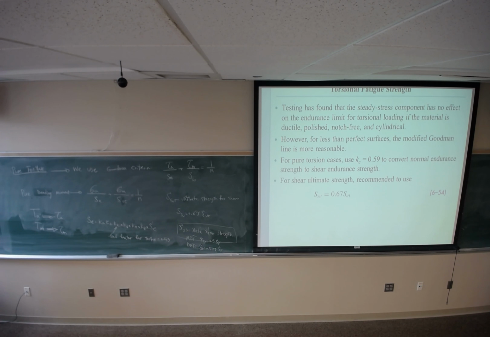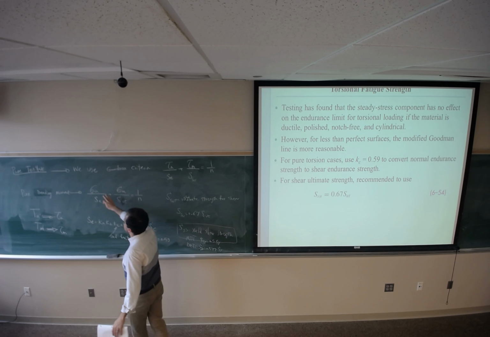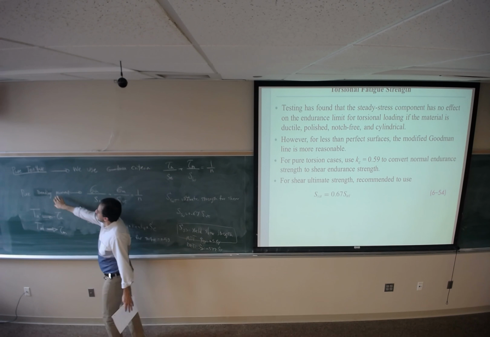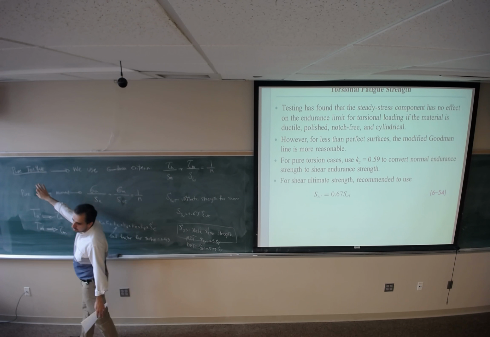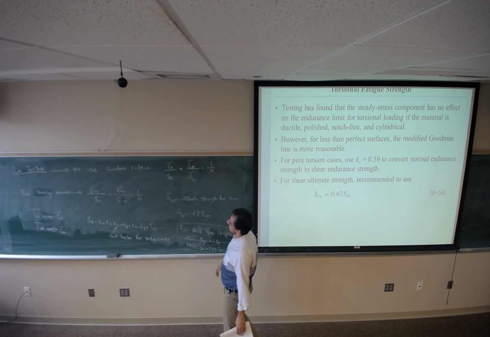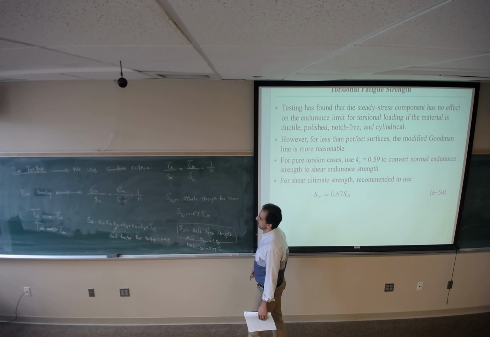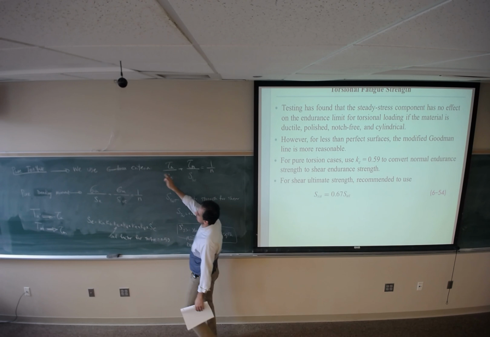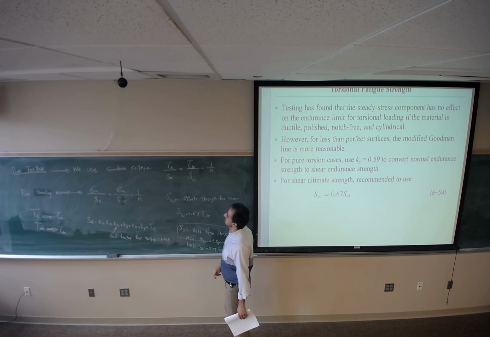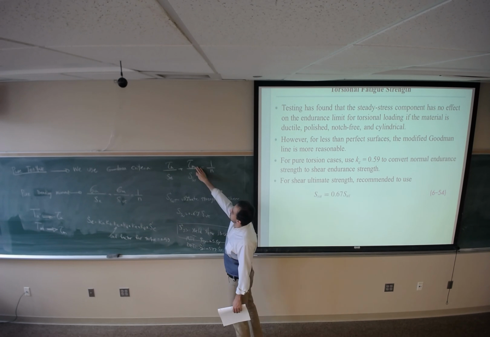Yes. So we started with the bending moment equation and made the torque equation? Whatever we covered so far was about the normal stress, which is coming from the bending moment. What if we have pure torque, no moment? We still can use the Goodman criteria to do the failure analysis, but instead of using sigma A, we are going to use shear stress for the alternating component and mid-range component.